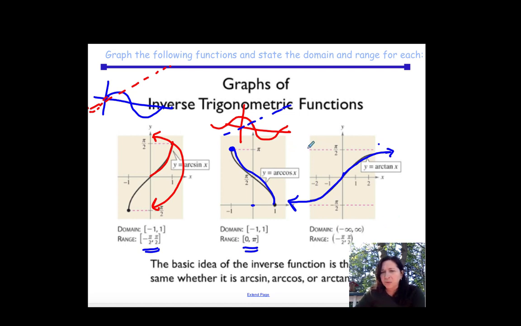For my range, just keep in mind that that's -pi/2 to pi/2, very similar to arc sine. However, the difference is that for tangent, you're never going to be at pi/2 or at -pi/2, whereas for sine, see the brackets right here? Those are inclusive, whereas for arc tangent, they're not.